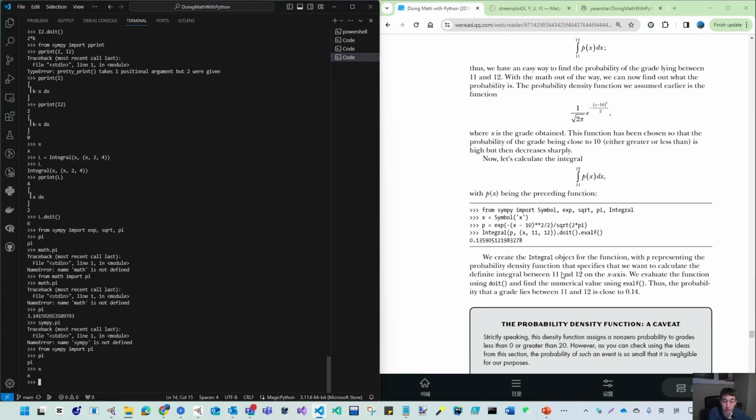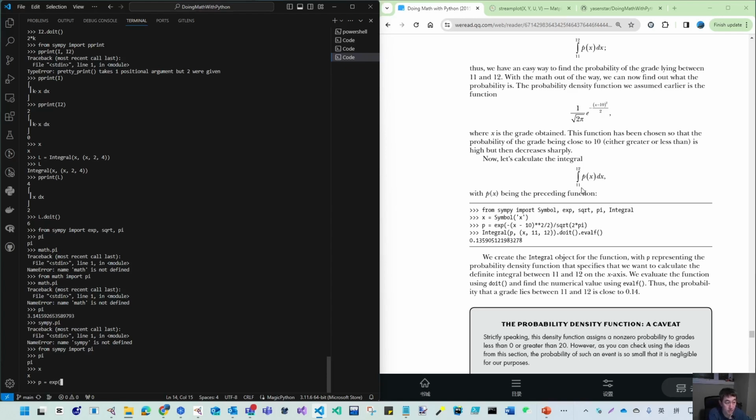Then x is already defined, so we can make this p. Let's use the small p, so it's easier. So p(x) is just the exp with this part, times this, divided by this one. So it's not complicated.